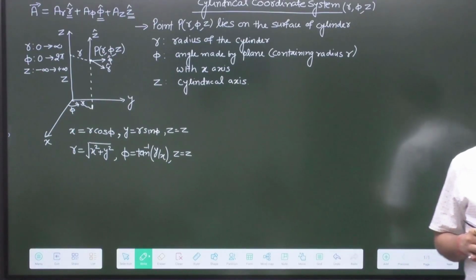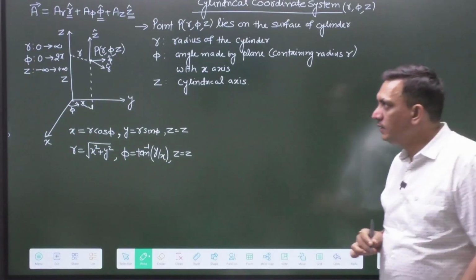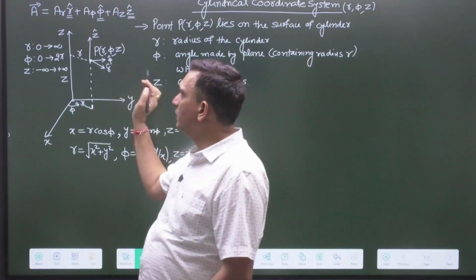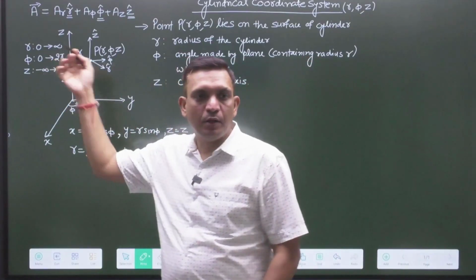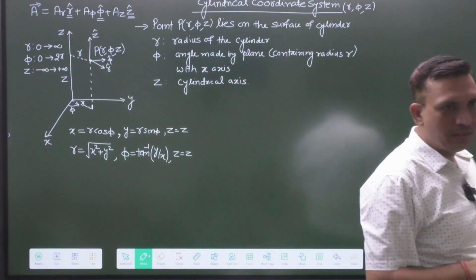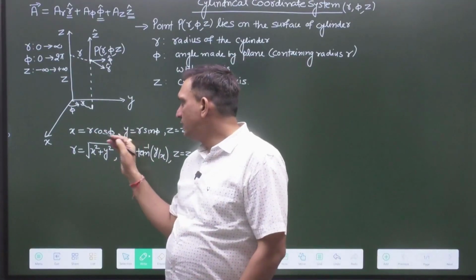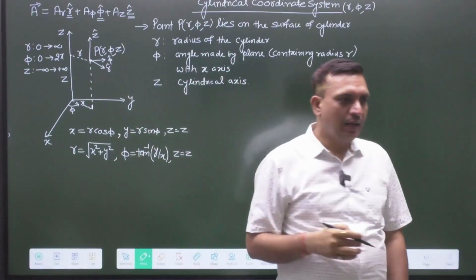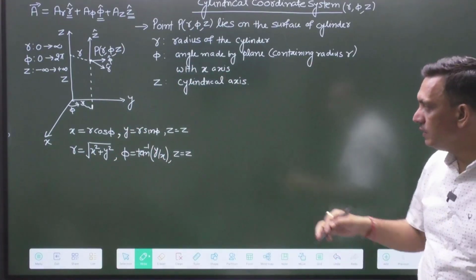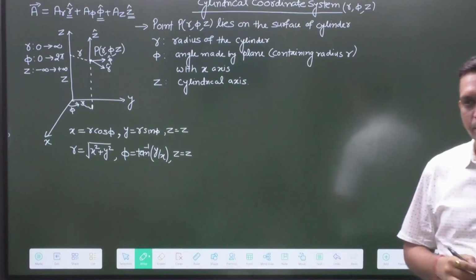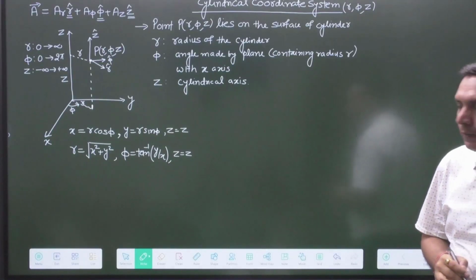So we have specified what r phi z are, what the direction of the unit vectors is, what the possible limits of r phi z are, and how to write x y z in terms of r phi z and r phi z in terms of x, y, z. Clear?